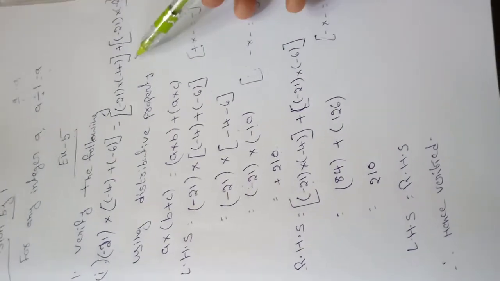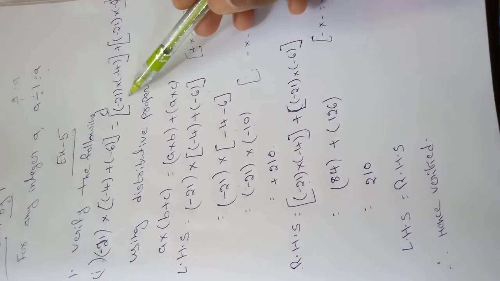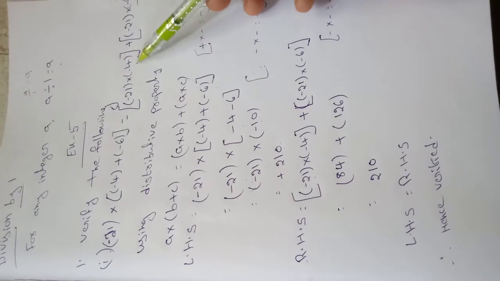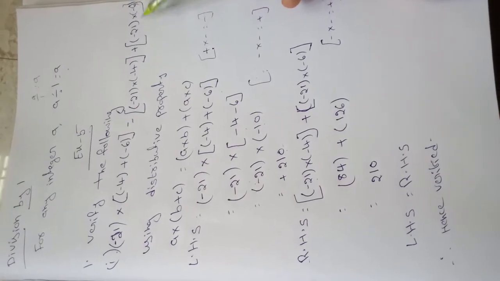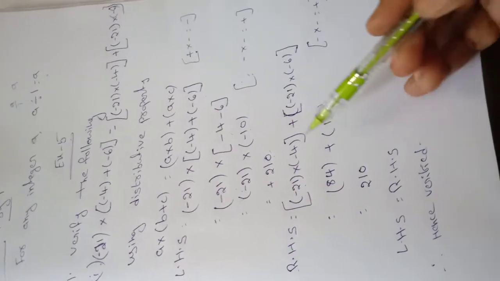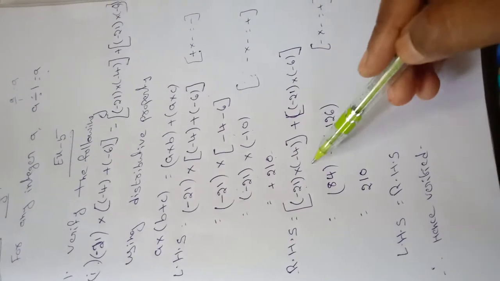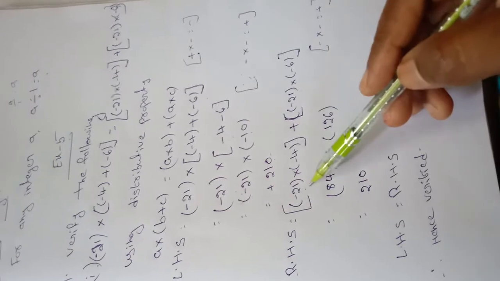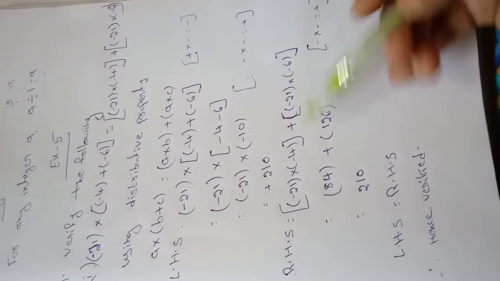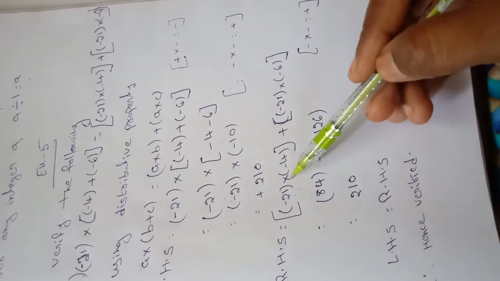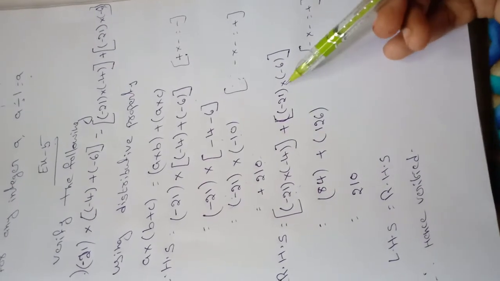After completing the LHS, now we go to the RHS, the right hand side. What is the RHS? Minus 21 into minus 4 plus minus 21 into minus 6. We multiply inside each bracket first: minus 21 into minus 4, and minus 21 into minus 6.